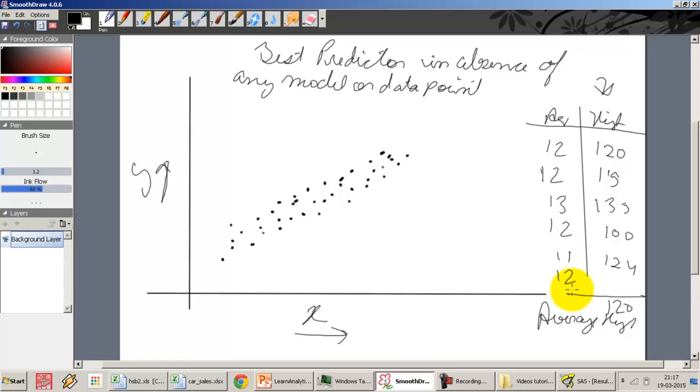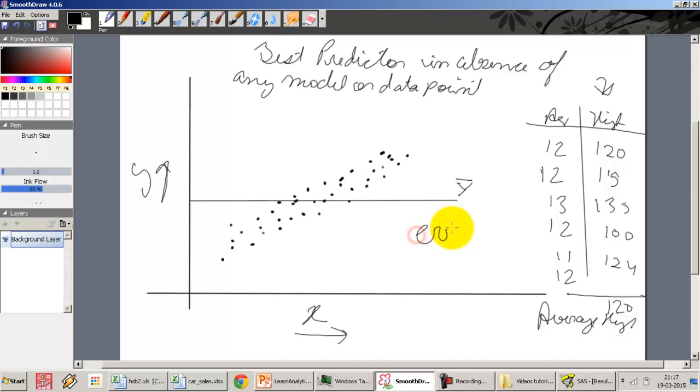So in this case, let's say y bar lies somewhere over here. This is y bar. This becomes our default prediction in the absence of any regression model or any independent variable in our model. So if y bar is my best predictor, then what is my error going to be like?